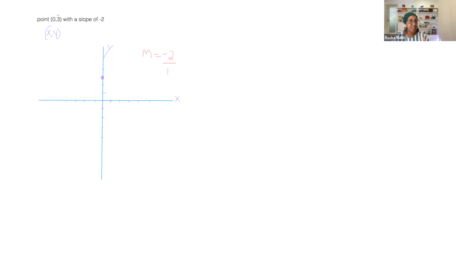And then the X business is +1, I'm gonna go to the right 1. And I'm gonna put my dot here. And I can do that again, down 2 and to the right 1, and put my dot here. I can keep doing this all day. Down 2, to the right 1, and put my dot here.